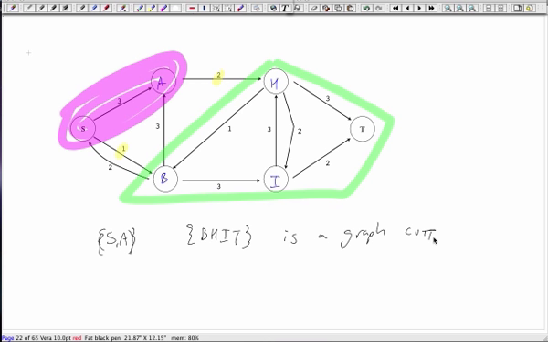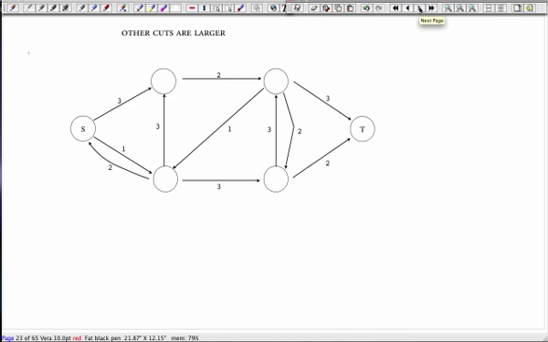In particular, the max flow that you can push across this partition is 3. Notice that there are other cuts that are much larger.